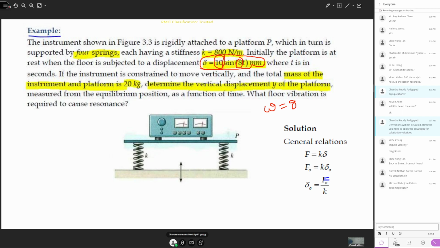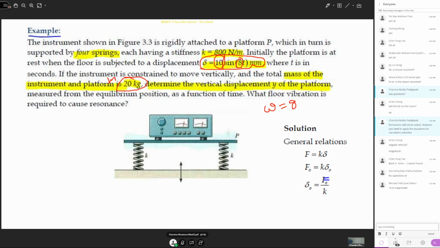All right. The instrument is constrained to move vertically, and the total mass of the instrument and platform is given, so the mass m is given. One spring constant is 800 Newton per meter and there are 4 springs, so you know the total stiffness and you know the mass.